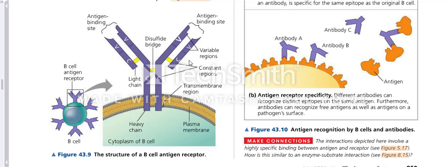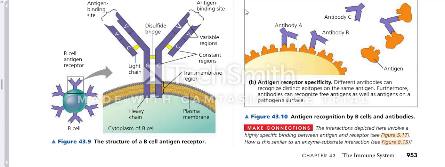It talks about how each B cell has a Y-shaped antibody on it that has a heavy chain and a light chain with these disulfide bridges linking them, and each type of chain has a constant region which varies little between single types of B cells. So between many different B cells in your body, these constant regions aren't going to be very different, but these variable regions are going to be different.